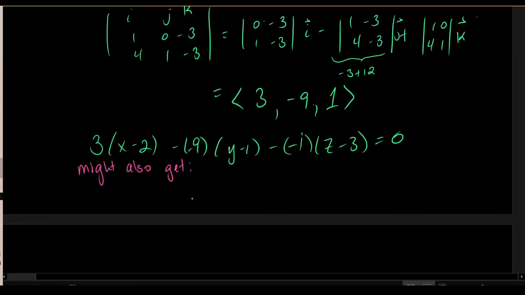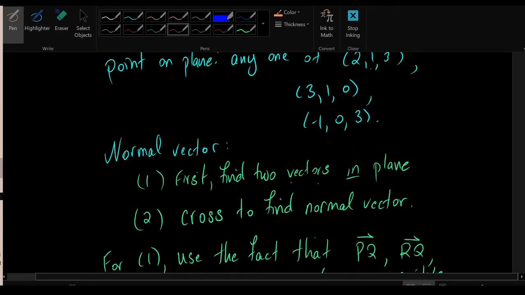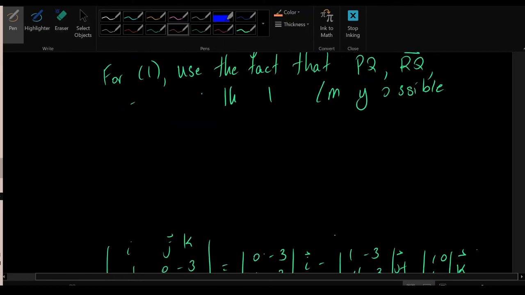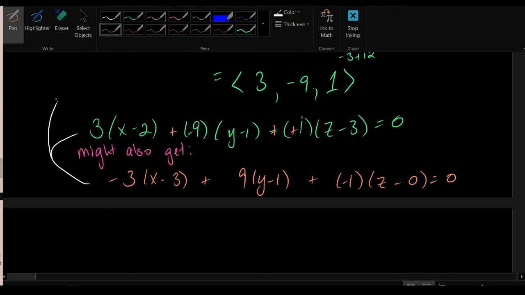Depending on what vectors you chose, and in what order you decide to cross them, you might get a slightly different looking normal vector. You might get negative 3, positive 9, and negative 1 for the z component. Maybe you decided that you preferred to use the point 3, 1, 0. In which case you would have x minus 3, y minus 1, z minus 0. But you can rewrite one of these equations so that it looks like the other.